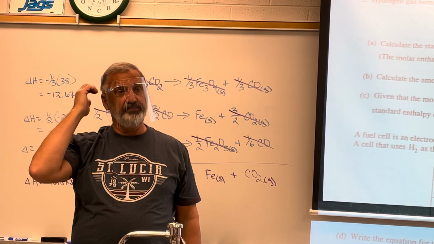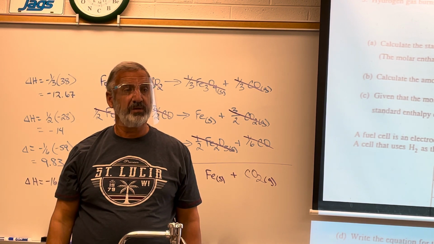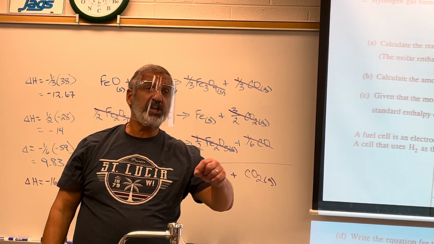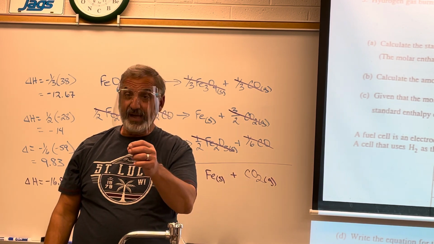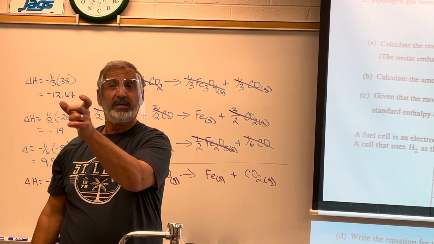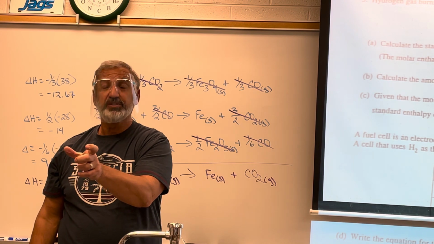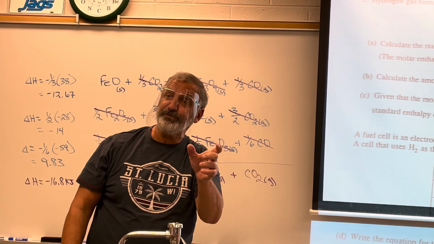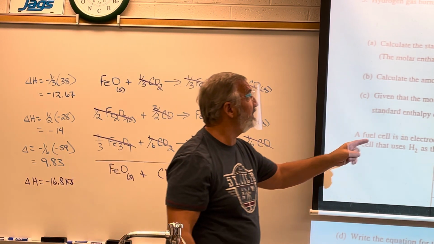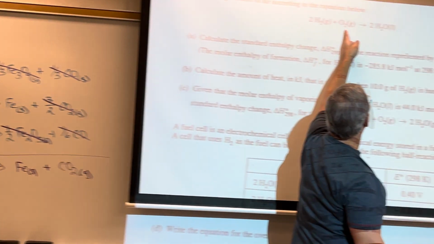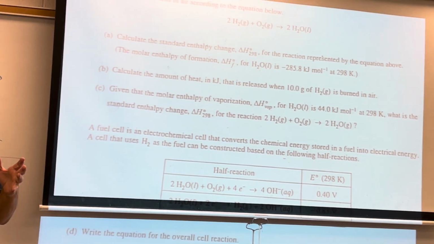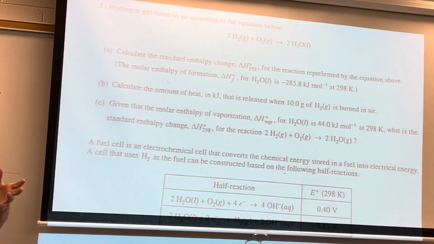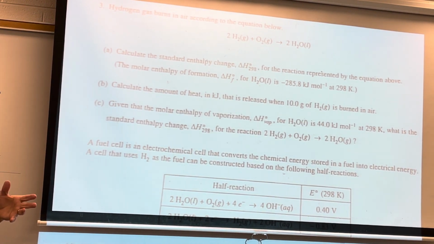It's the energy change, positive or negative, energy gained or lost, when elements in their natural state combine to make a compound. So it's a compound formed from its elements. So here, hydrogen and oxygen are combining together to make water. Water is being formed from the elements, okay?